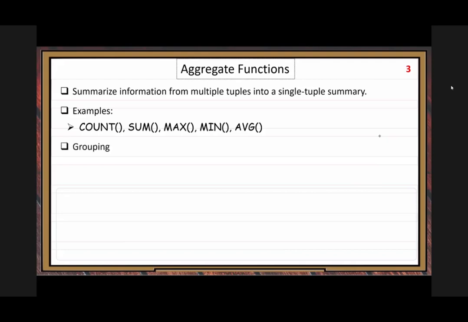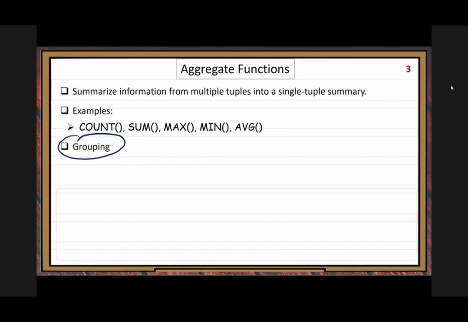Then, the most important concept you need to use with aggregate functions is the grouping concept. How do you apply aggregate functions? Basically, you have two ways. The first way, you do not specify any groups.